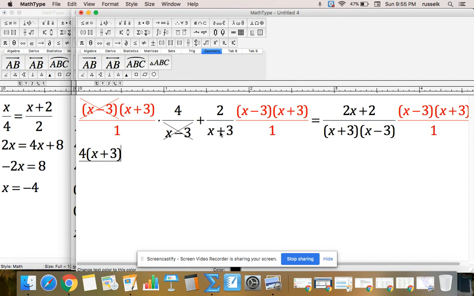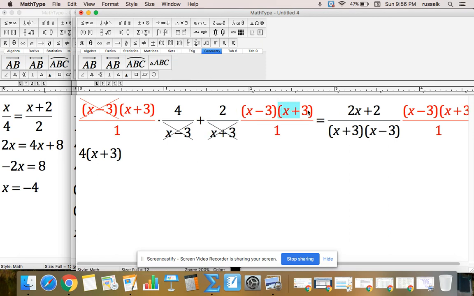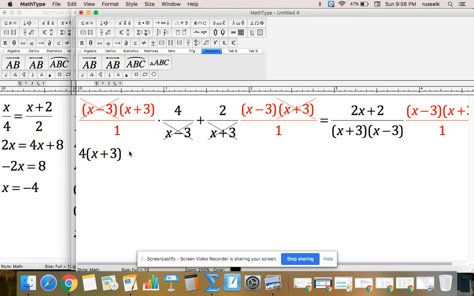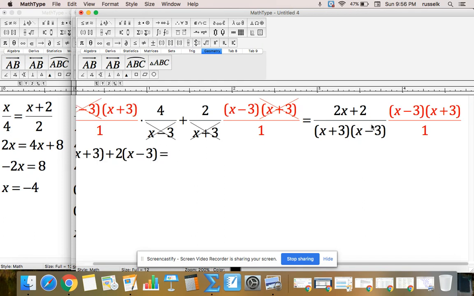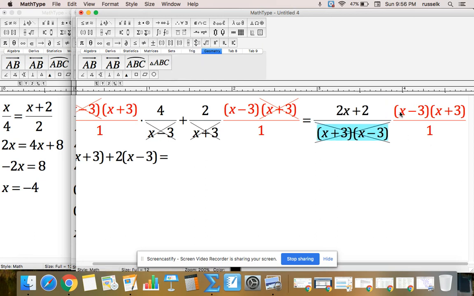In the second multiplication, the x plus 3's will cancel, leaving me with plus 2 times x minus 3. And on the right side, the entire bottom will cancel, leaving me with just 2x plus 2.